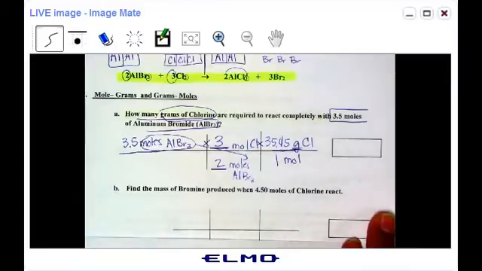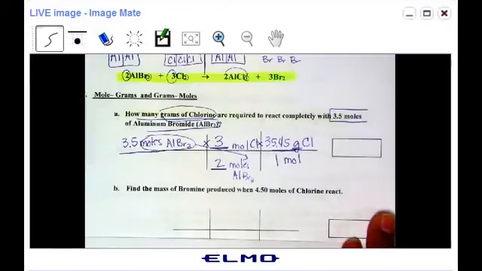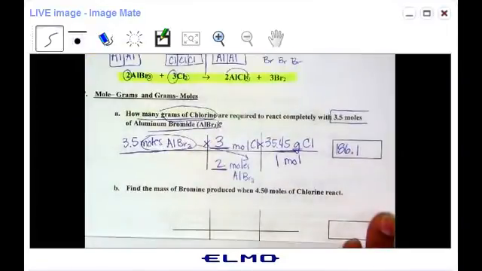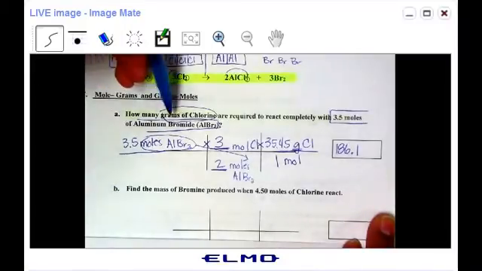So that gave me 372.225. And now I'm going to divide it by 2 because that's on the bottom. 186.1. 186.1 of what? Whatever I was looking for, which was grams of chlorine.